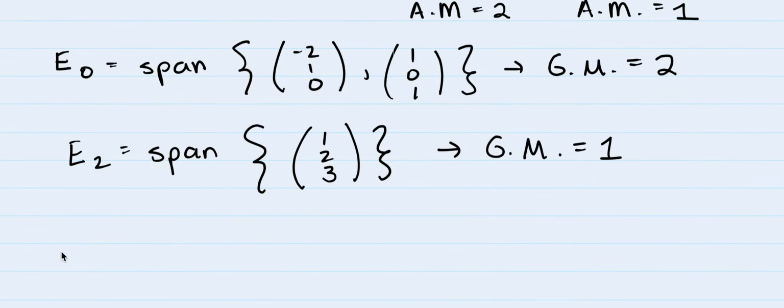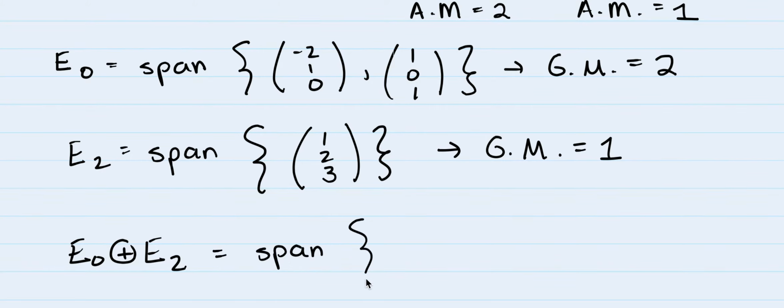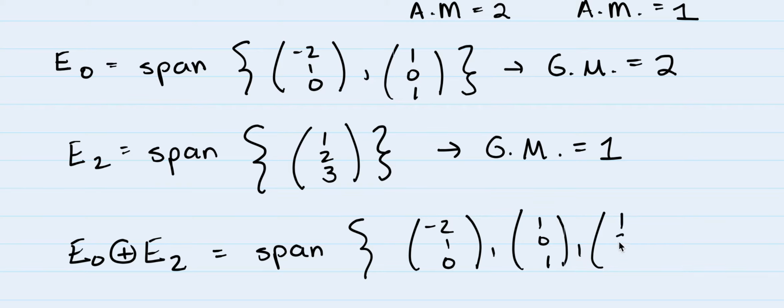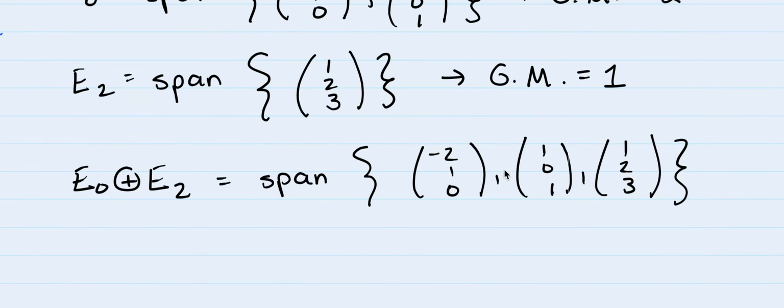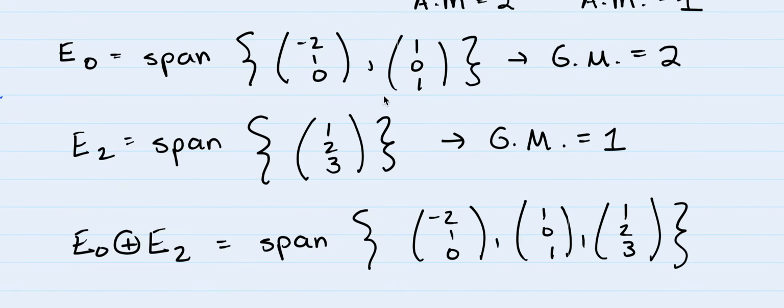So if we take E0 and add it to E2, we get the span of these 3 vectors. And you see that these vectors are linearly independent. Remember, their intersection is just the 0 vector. These two are linearly independent, and so this one has to be linearly independent from them because the intersection is 0.